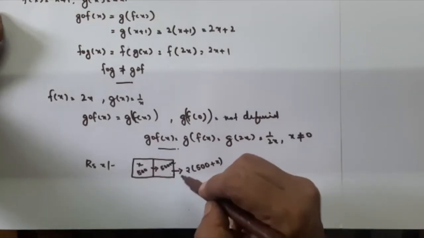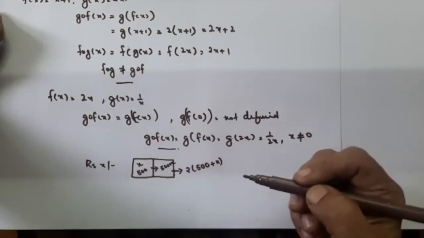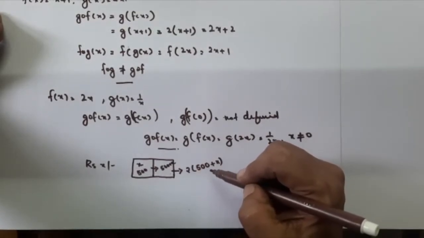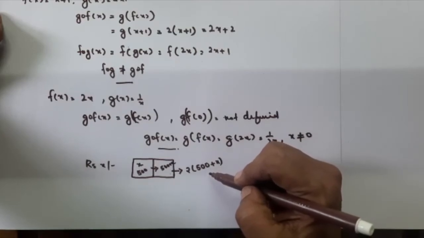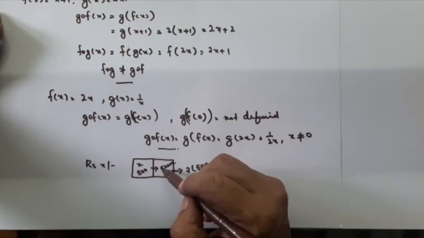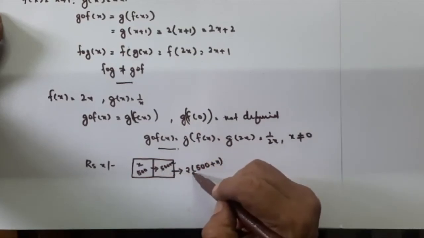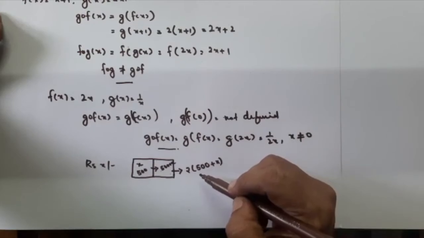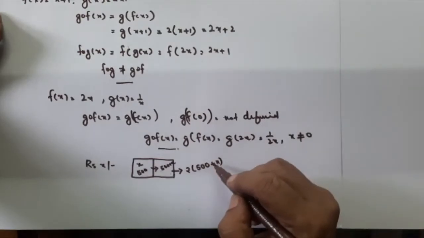There it gets multiplied by 2, that means when it is taken outside, it becomes what? 2 into 600 equal to 1200.